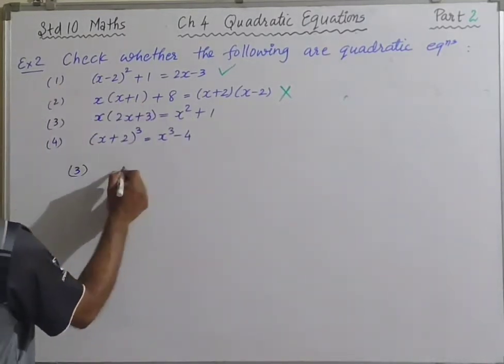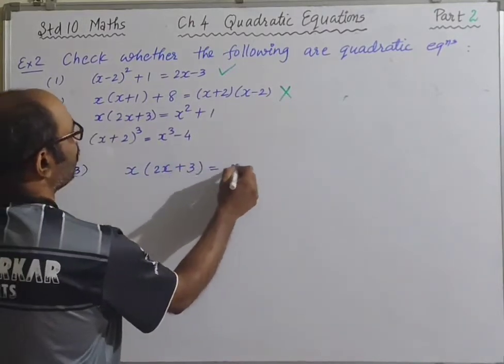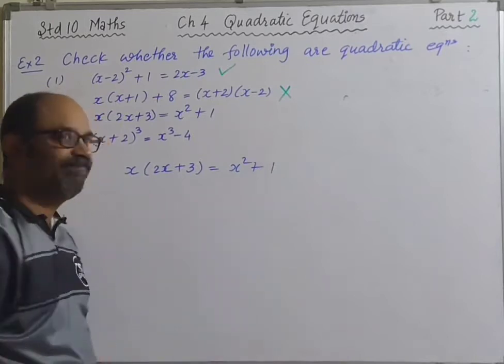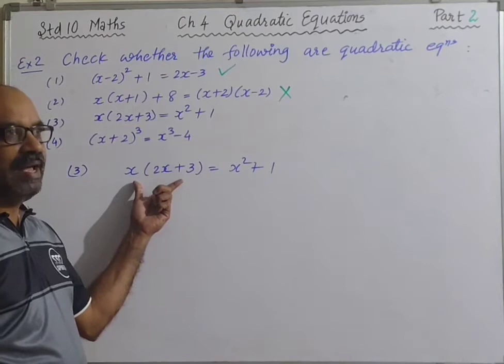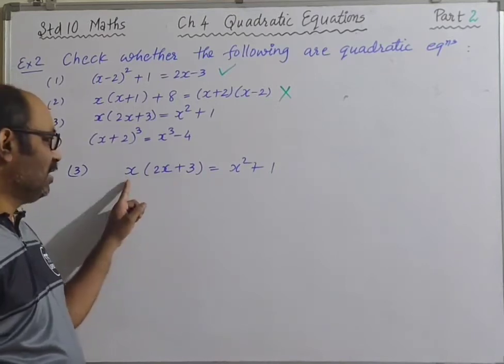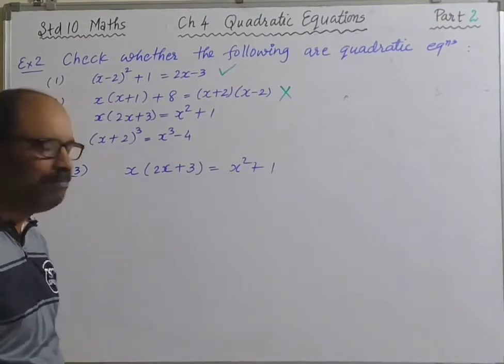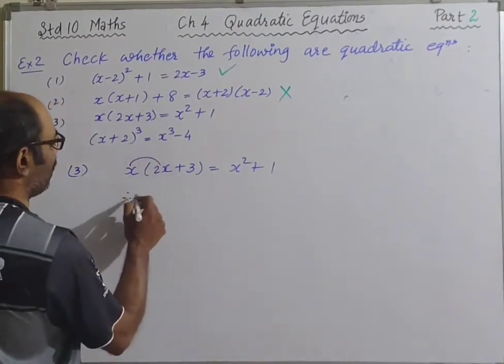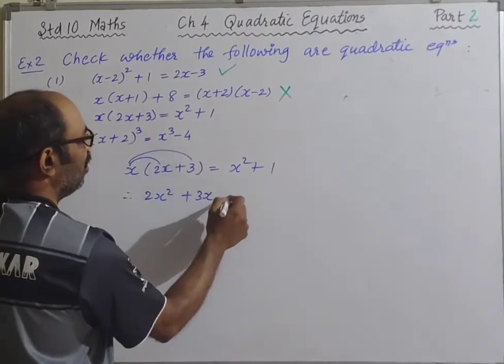Number 3. x into (2x plus 3) is equal to x square plus 1. The left hand side has only one term and it is complex. How will you simplify? Yes, monomial into binomial. So expand. The right hand side has two terms, both are simple. Only this needs to be expanded: 2x square plus 3x. Alright.